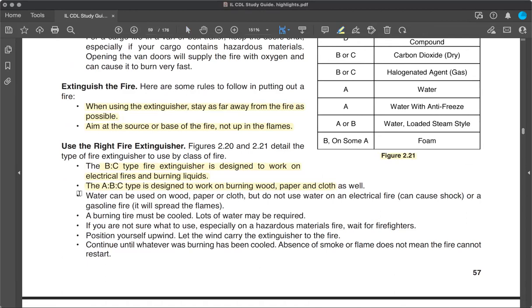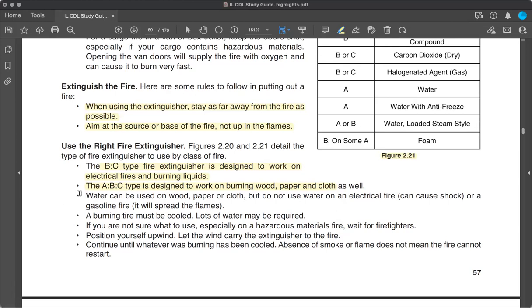It can also be used on tires, but we wouldn't use it anytime there's a flammable chemical, as it would just cause the flammable chemical to spread. But just know that you can use water on tires, and that might be a question. I think it's maybe a question in our practice test that asks something along those lines about what you can use to put out a tire fire.